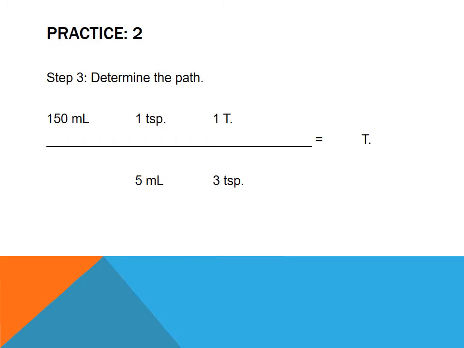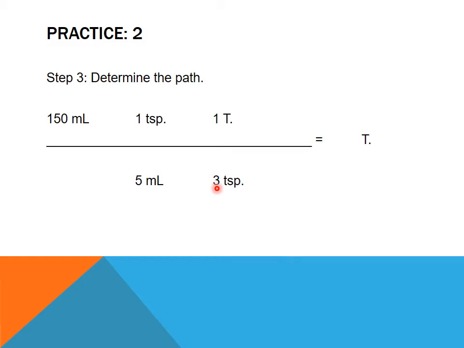Determine our path. Since we have the milliliter symbol here, we need a milliliter symbol below. We know that in conversion factors, 1 teaspoon equals 5 milliliters. Since we have teaspoons here, we need a teaspoon symbol below.